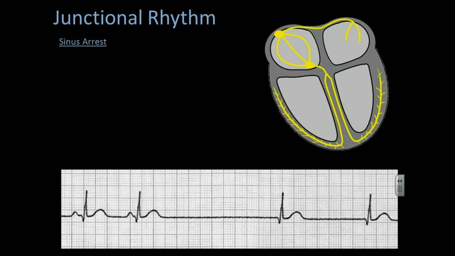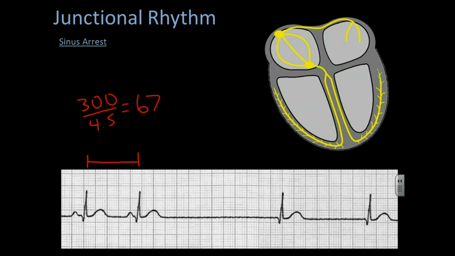Okay, sinus arrest. Now in this scenario, the SA node stops pacing. Let's take a look at what the rate was before. It looks like about 4.5 boxes, so 300 divided by 4.5 is about 67 beats per minute.